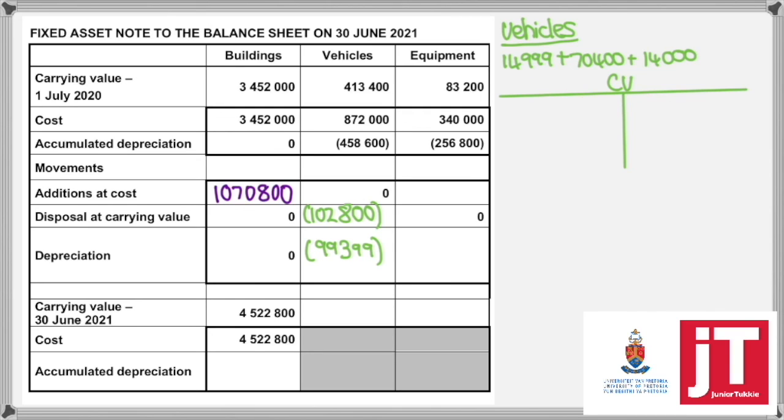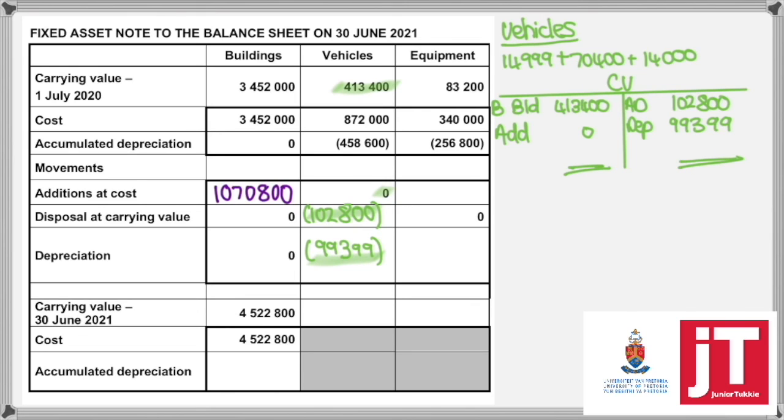So I'm planting a seed and I'm going to give it water every single time. So by the time we get to cash flow statement, you will have a better understanding. So if I take the balance in the beginning, plus additions, minus disposal at carrying value, minus the depreciation equals the balance at the end.